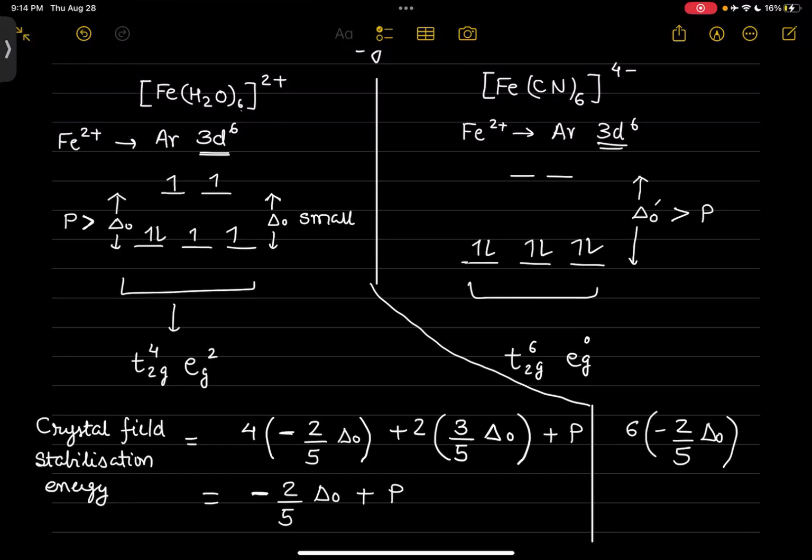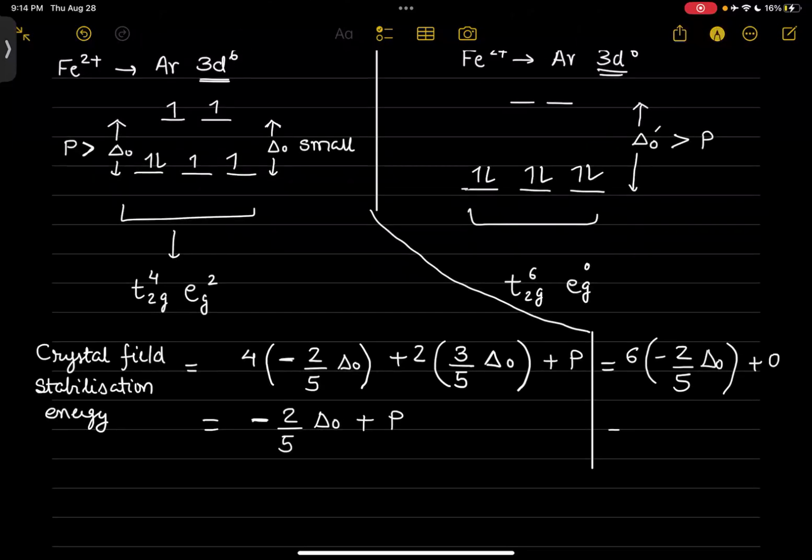And there is no electron at the higher energy level. Got it? So the overall stabilization is going to be higher. Is it clear or not?